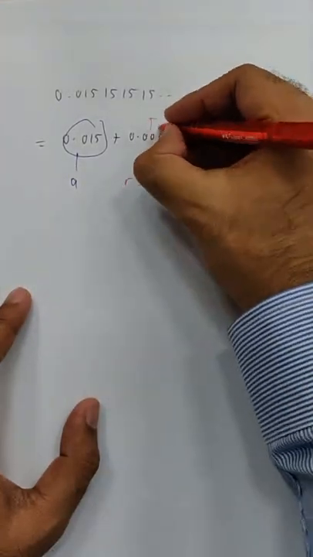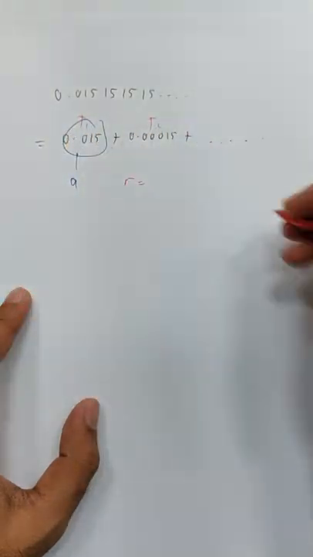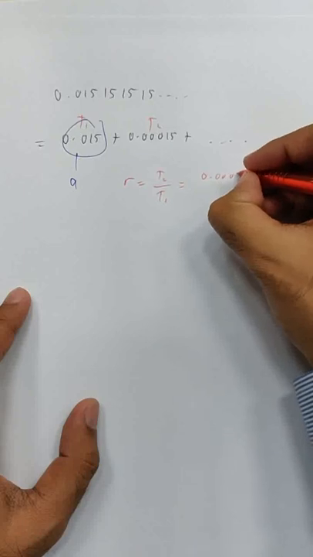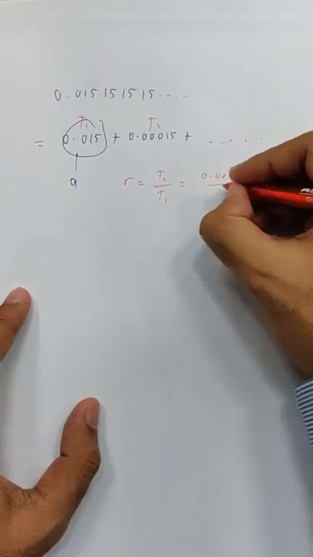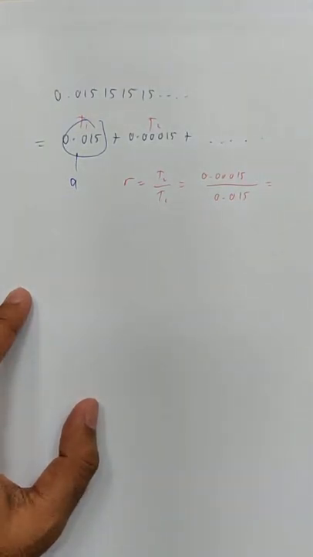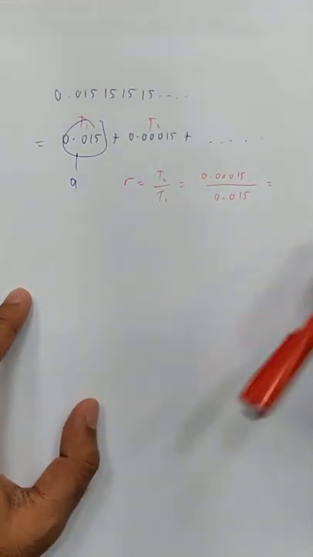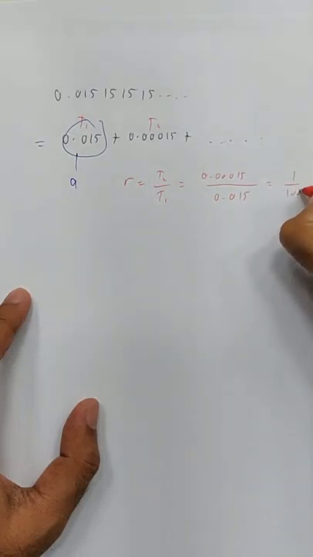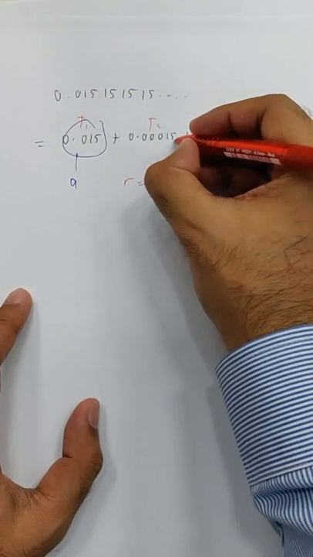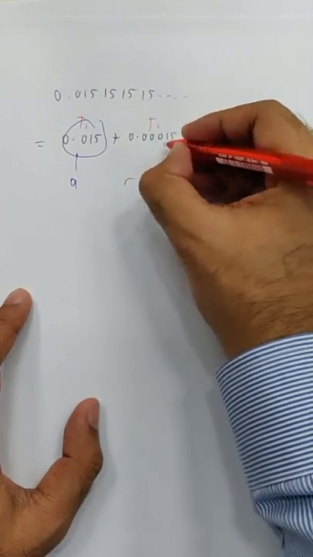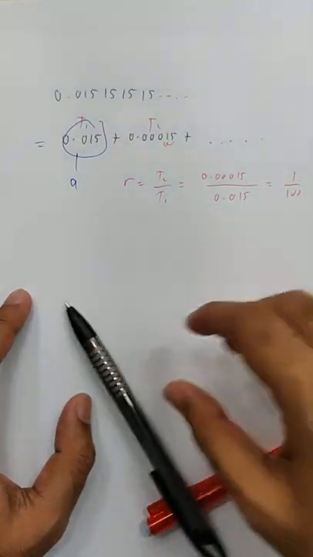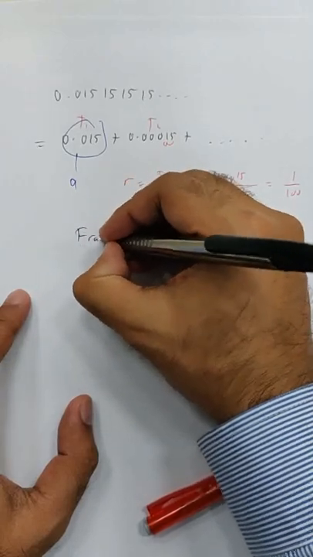How do we find R? Take the second term over the first term, T2 over T1: 0.00015 over 0.015. Then what do you get? 1 over 100. How do you find 1 over 100 so quickly? It's not that difficult to see in decimals. You move by 2 decimals. So how do you find the fraction?